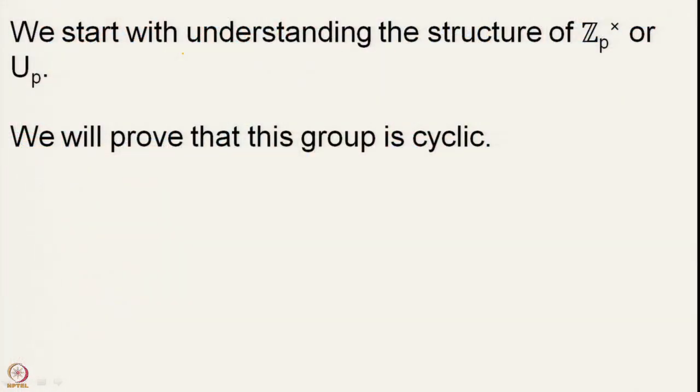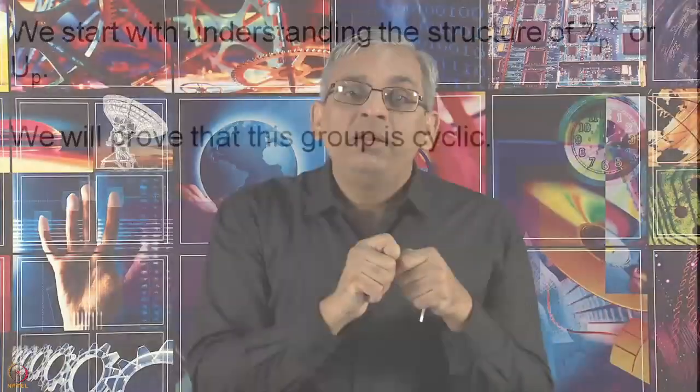What we are going to prove first is that all these groups are cyclic. This is to say that there is an element in Zp star whose powers will give you all elements. So, there is an element a in Zp star such that a square, a cube, a raised to 4, and so on will list all the elements in Up. This is what we want to prove.